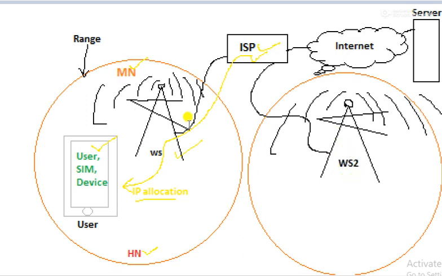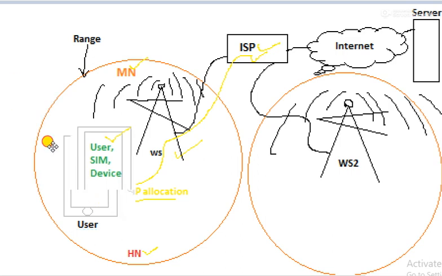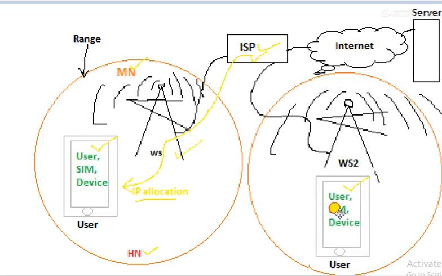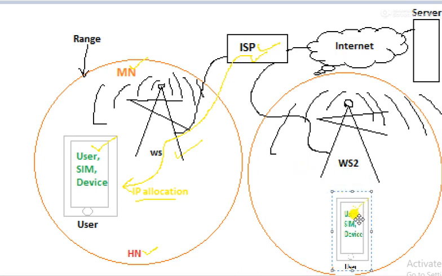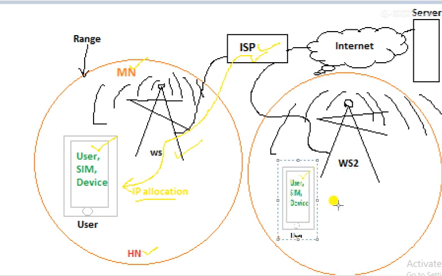So let's say this user is moving or traveling along, and after some time, let's say this user has entered into the other wireless station's network.